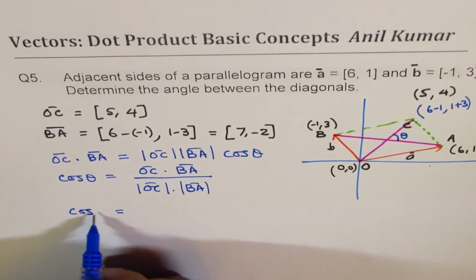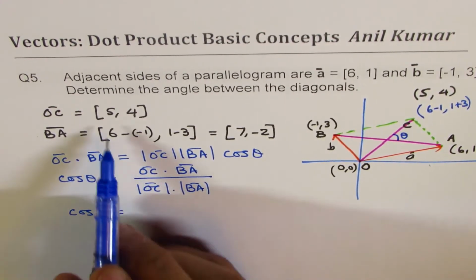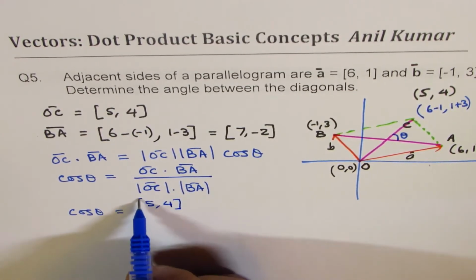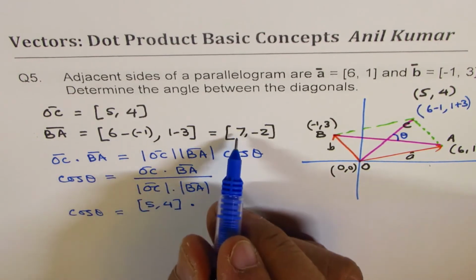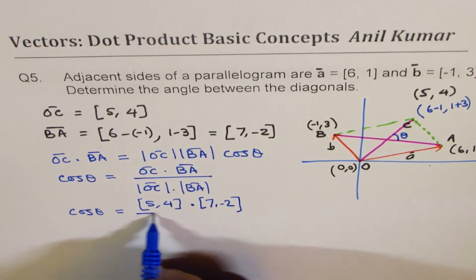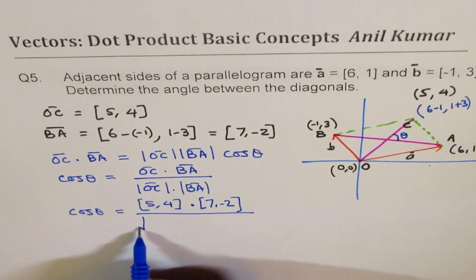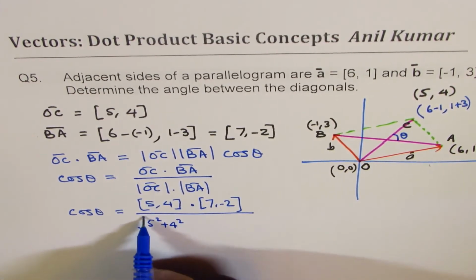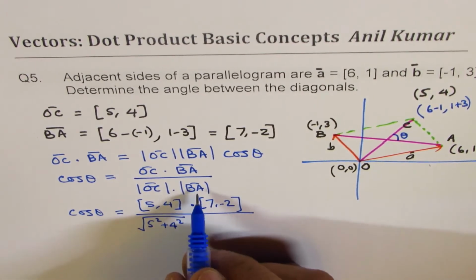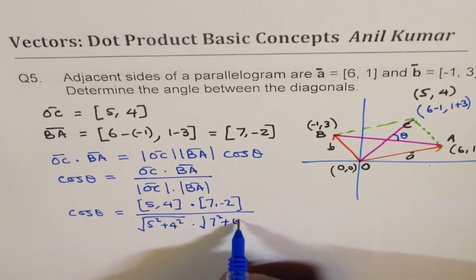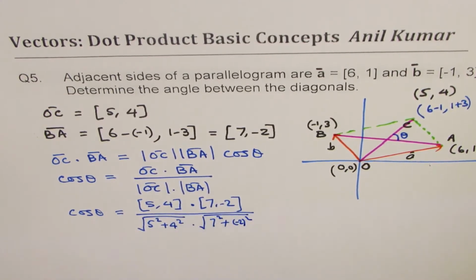So cos theta is equal to OC, which is 5, 4, so we can write this as 5, 4 dot BA, 7 minus 2. And the magnitude will be 5 square plus 4 square for OC, times the magnitude of BA, which is 7 square plus minus 2 square.